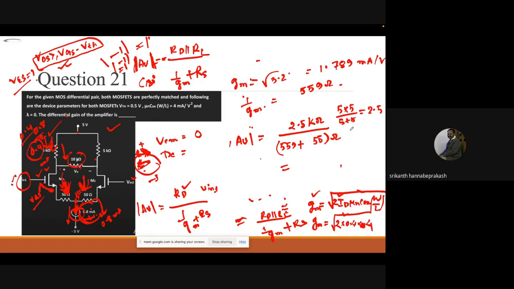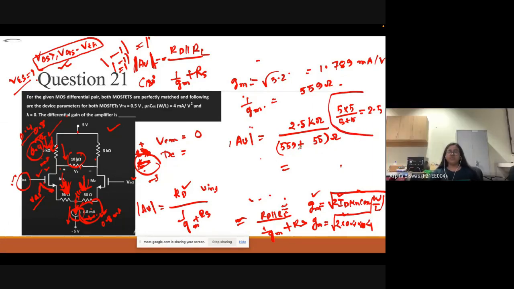Just 2.5 kilo ohm, and below side 559 plus 50, 50 ohm, I think.